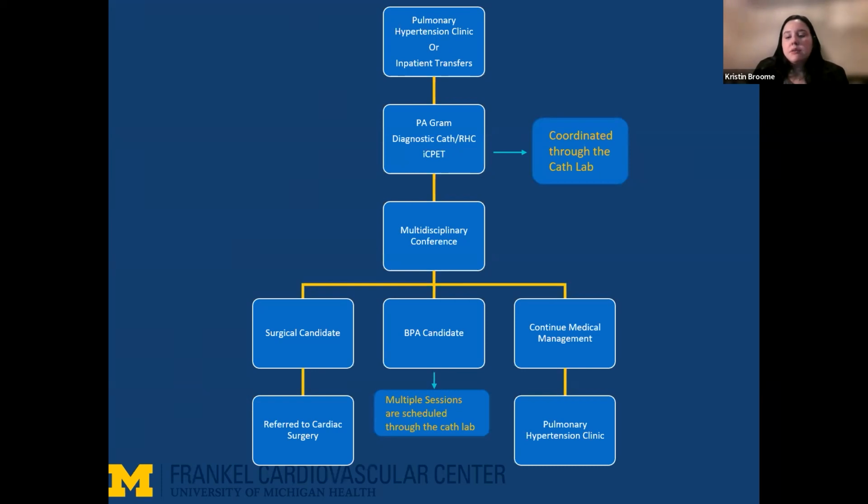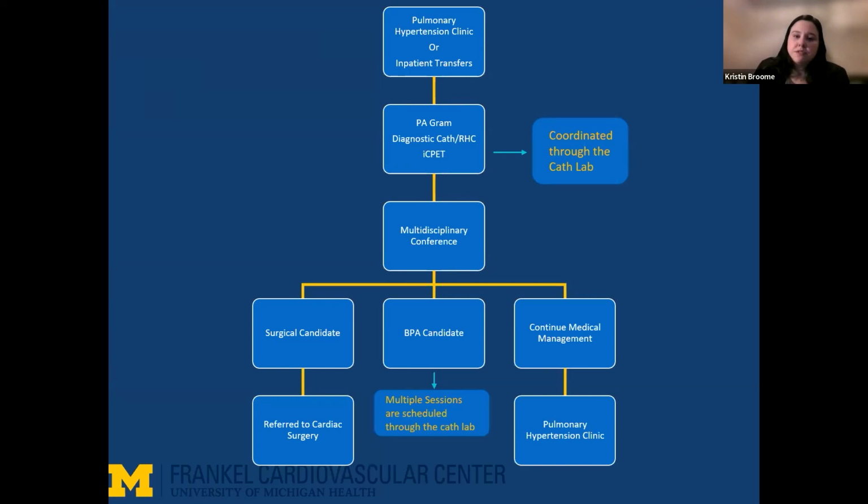So then the plan is for them to undergo invasive diagnostic testing with a pulmonary angiogram, a diagnostic right and left heart cath with sometimes coronary angiography, and an invasive cardiopulmonary exercise test. All of these invasive procedures are done through the cardiac procedures unit cath lab. And these are coordinated and scheduled by myself or my colleagues.